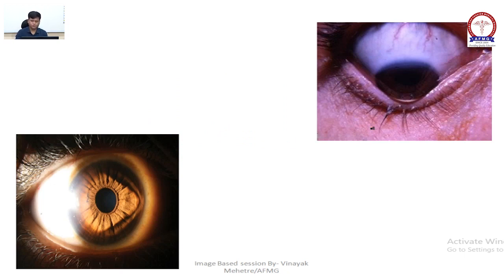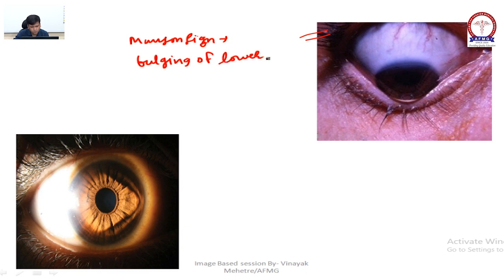Okay, now next, keratoconus. This is called as Munson sign. It is bulging of lower lid on down gaze.